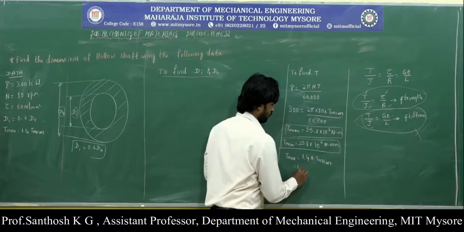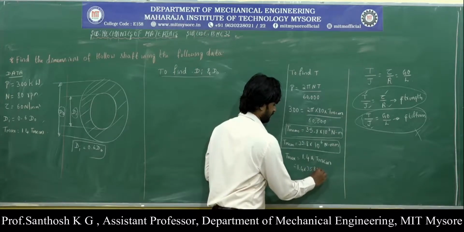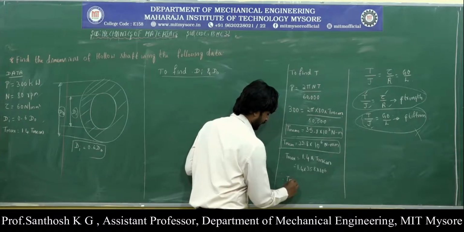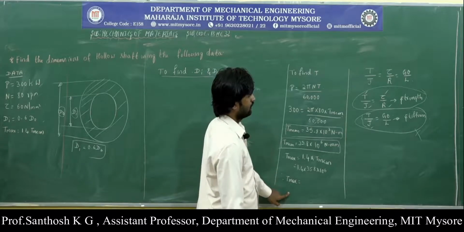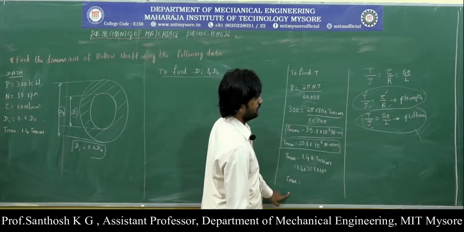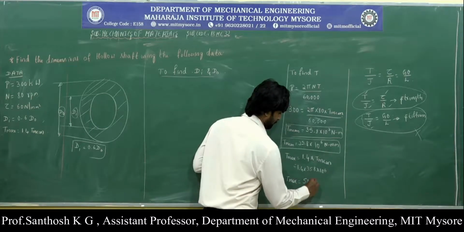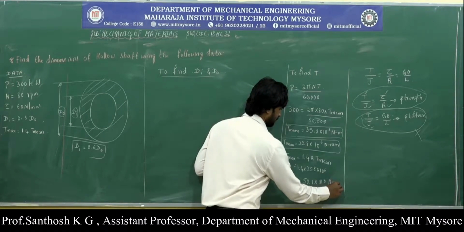So 1.4 into the mean torque is 35.8 into 10 to the power of 6. Therefore, the maximum torque the shaft is subjected to is 50.1 into 10 to the power of 6 Newton millimeters.